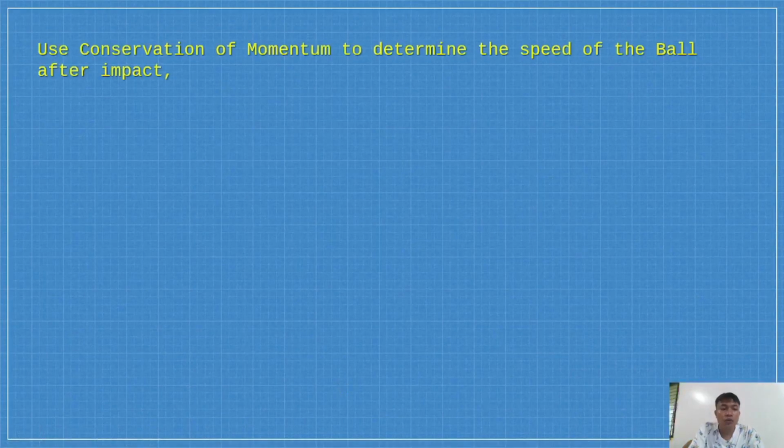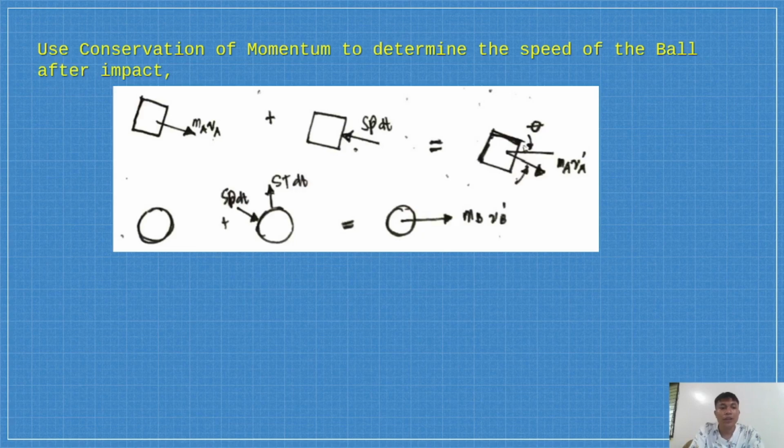Now we are going to use conservation of momentum to determine the speed of the ball after impact. How fast is it? This is the conservation of momentum: mA vA plus the sum of the impulses is equal to mA vA with an apostrophe, the value after the impact.